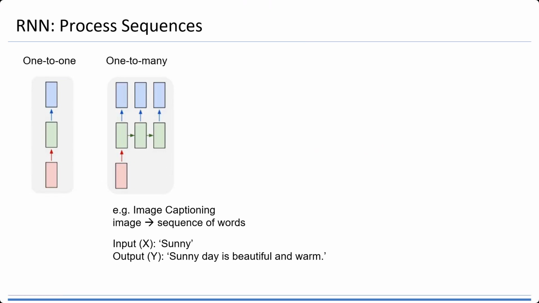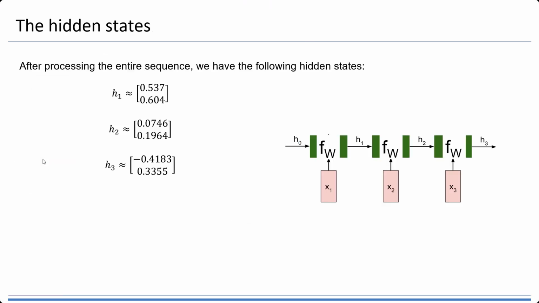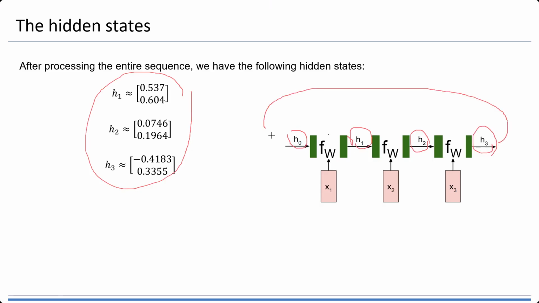So after we have that hidden state, we will do the repetition. It means we will update the weight. So after we have the h1, h2, h3, we will do again updating the weight xh and updating the weight whh.